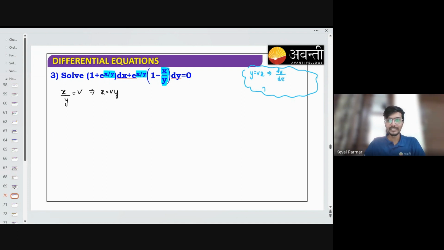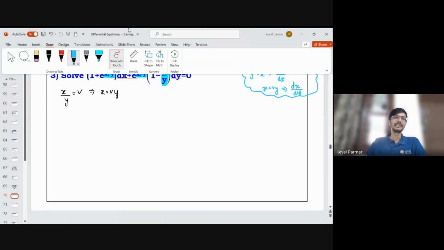But when I use x equal to vy, then my dependent and independent variables are interchanged. That means x equal to vy implies my equation will now be dx over dy. And if I want the equation dx over dy, then I need to differentiate with respect to y. Then only I get dx over dy.